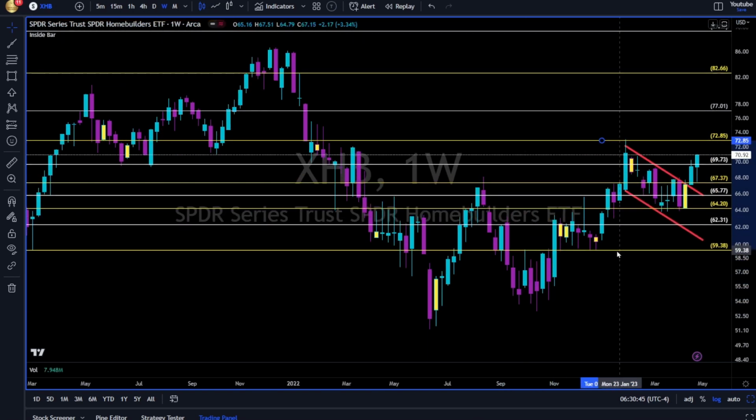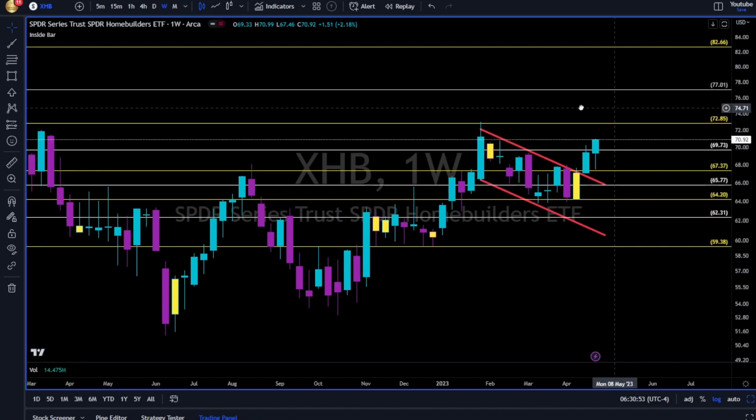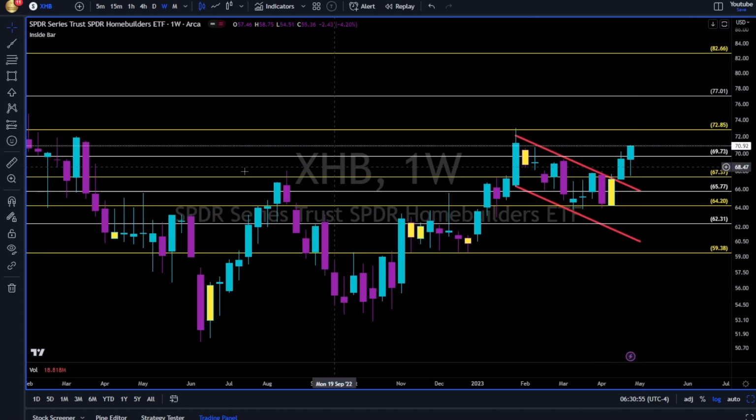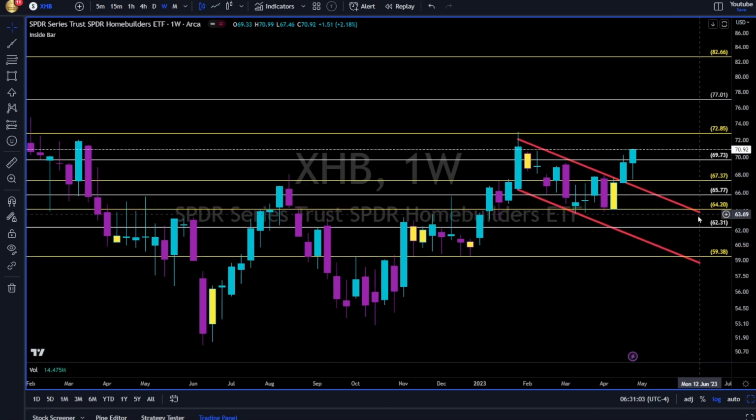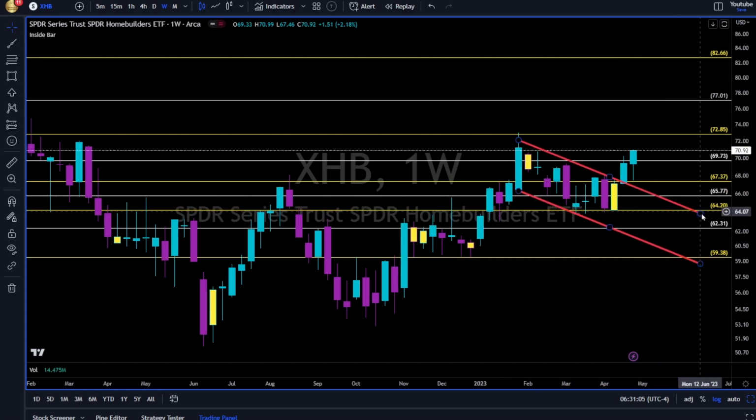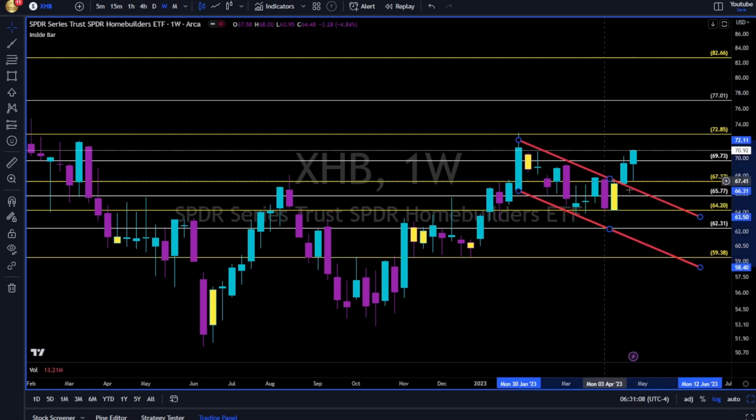We can take also Fibonacci from here, swing low, swing high, 73 to the upside, then 77 and 83 to the upside. If we'll get retracement on the XHB, first we have 69, needs to hold the support, then we have 67, and then we have this red trend line that will need to act as support because it was resistance.